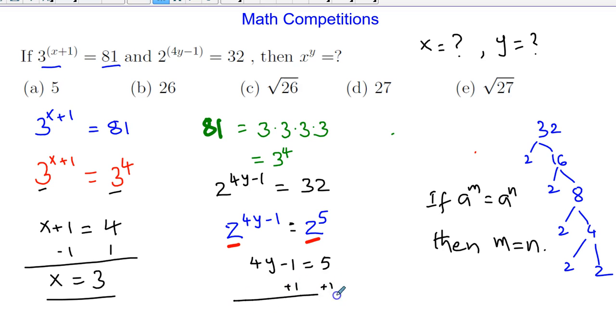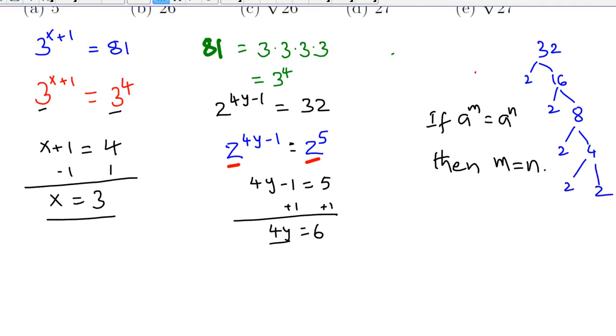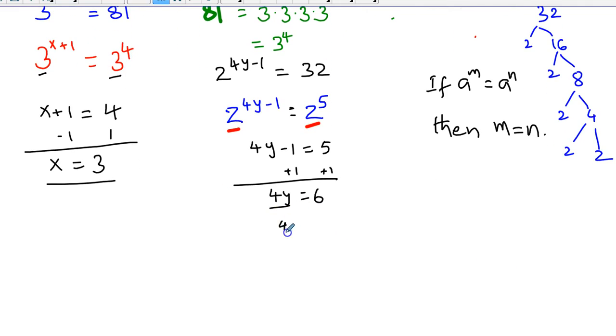So add 1. 4y is equal to 6. Then divide by 4 on both sides. 4 and 4 gives you y is equal to 3 over 2, because 2 cancelled 3 times and 2 cancels here 2 times.